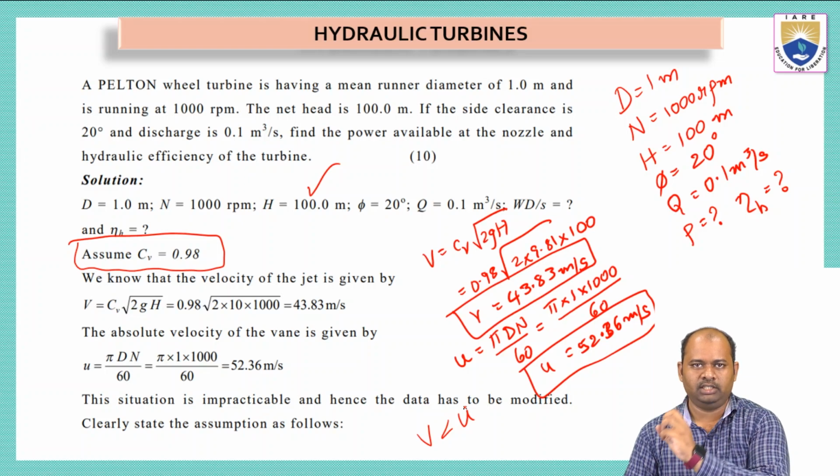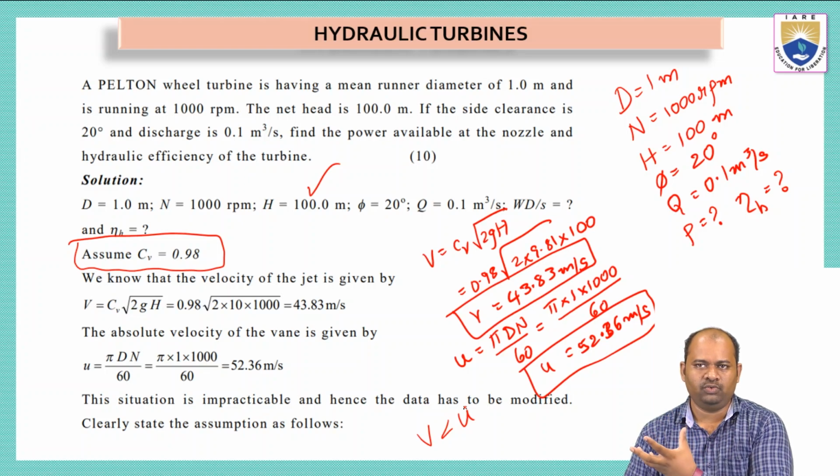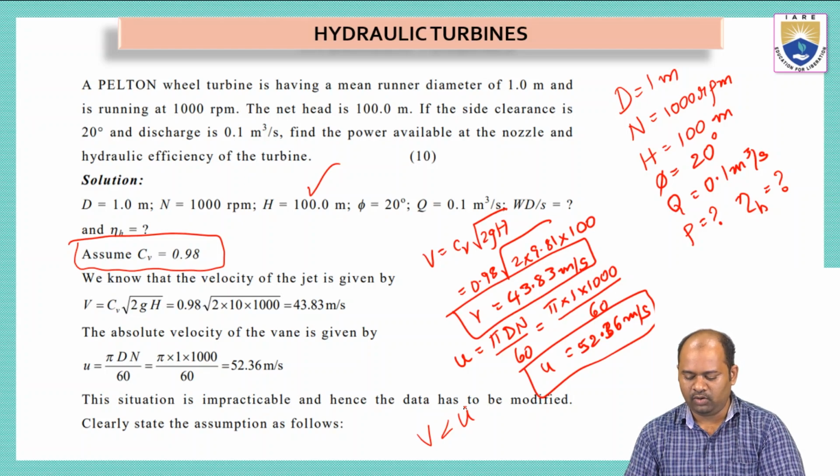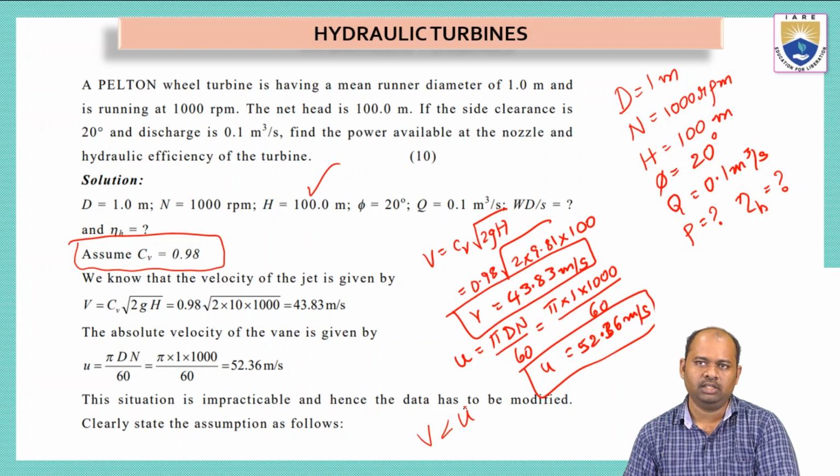This water will touch the turbine vane and the turbine will start rotating with a speed which will definitely be less than 100 meters per second, because some amount of energy has to be lost due to friction, or some mechanical losses, or some losses in the air, etc. All these things have to be taken into consideration.